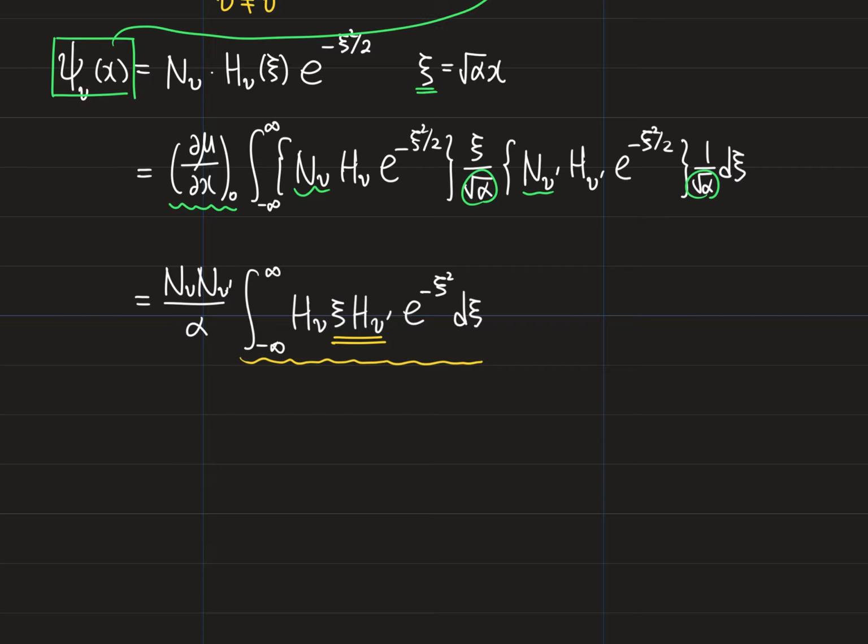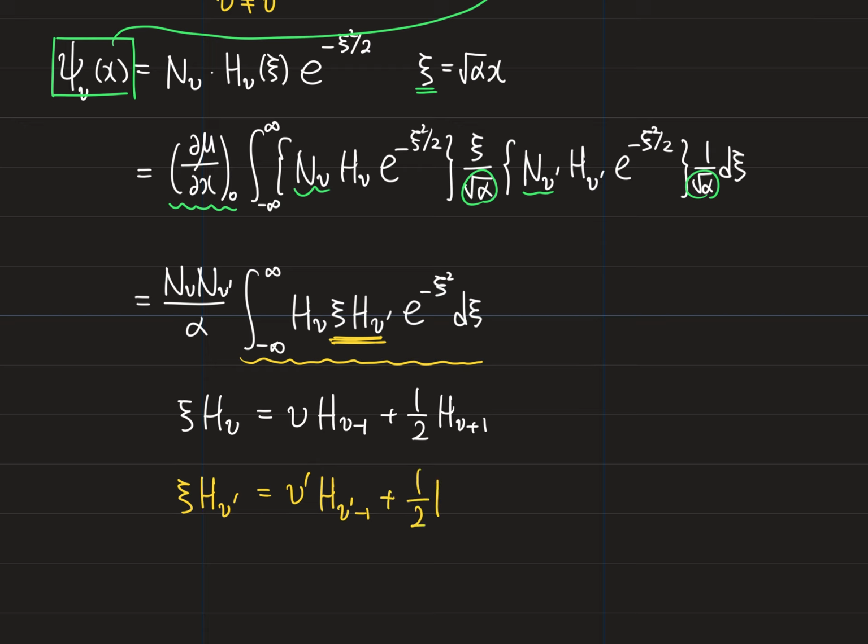Based on the recursion formula, xi multiplied by H v should be, that means this expression highlighted with the yellow line should be v prime times H v prime minus 1, plus one half of H v prime plus 1.